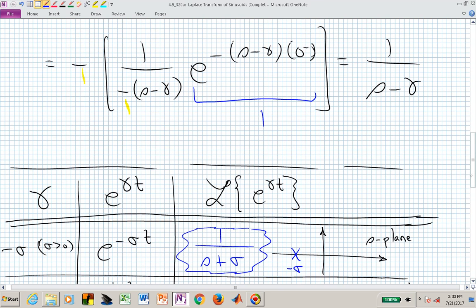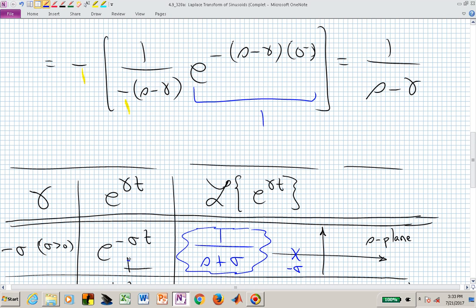Summarizing that first row in this table that we're going to produce, we simply see that the Laplace transform of e to the minus sigma t, the Laplace transform of a decaying exponential, you could think of this or try to imagine what this is doing as a function of time.